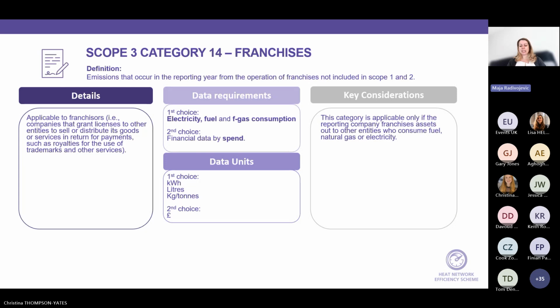The data requirements would again focus on electricity, fuel, and gas consumption. For example, if a hospital operated as part of a healthcare franchise network, emissions from franchise operations would fall into this category. This is less common within UK healthcare settings, but it may apply in some cases, so it's worth mentioning it still. Next slide, please.